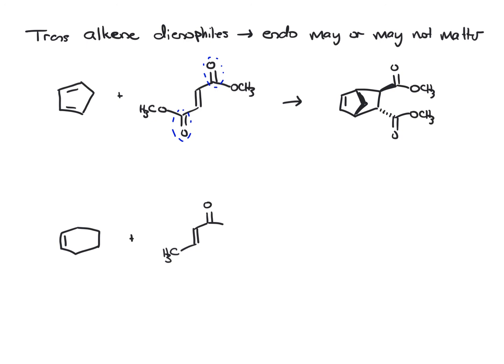But now if we come down to our second example, here we have a trans dienophile, but now we have one substituent that is a carbonyl. And because of that, we want this group to have the endo approach. The methyl group doesn't have any p orbitals to worry about. So when we draw the product here, let's draw our six-membered ring.